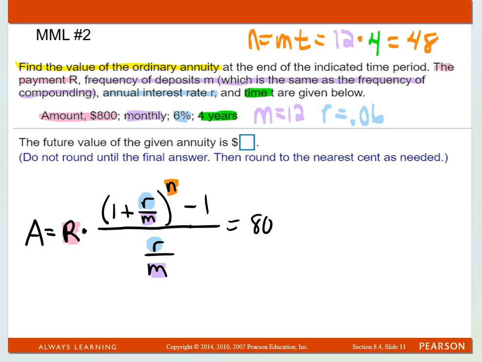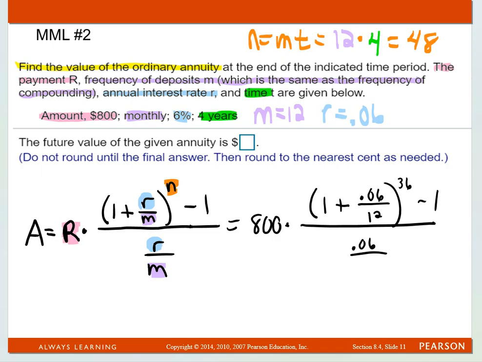So 800 times, and then after you plug all this in, you're just going to calculate it by the method on your calculator that I showed you in that video. Watch those 2 videos. Well, this will be the first video because it's for an annuity.